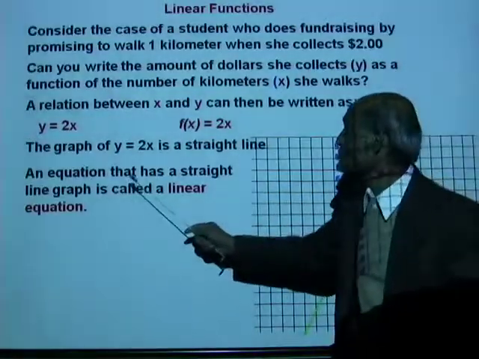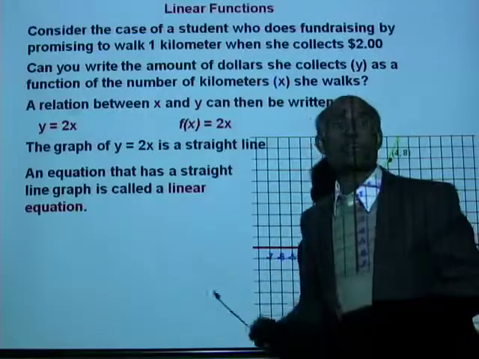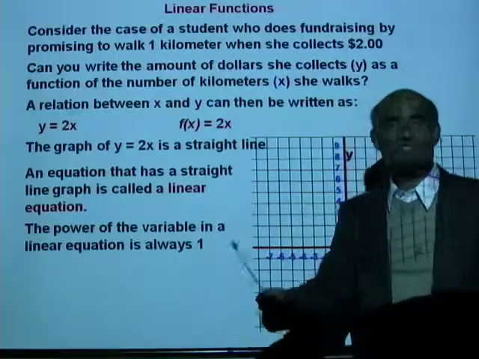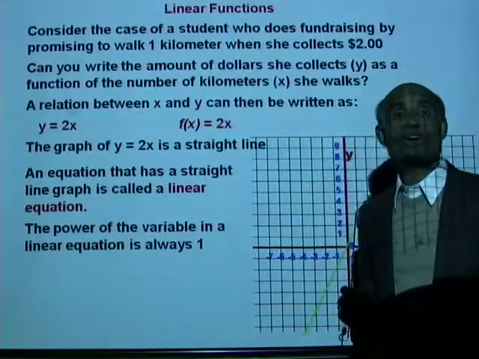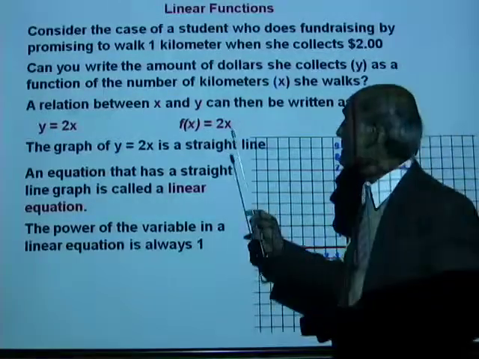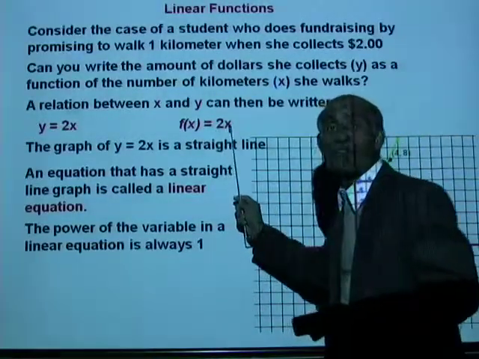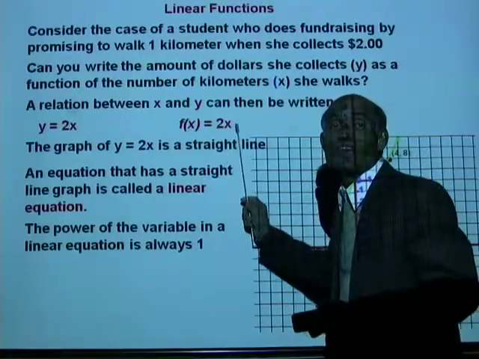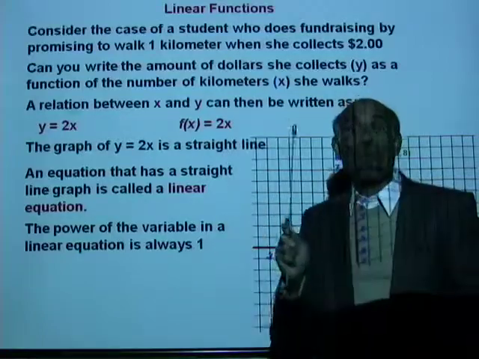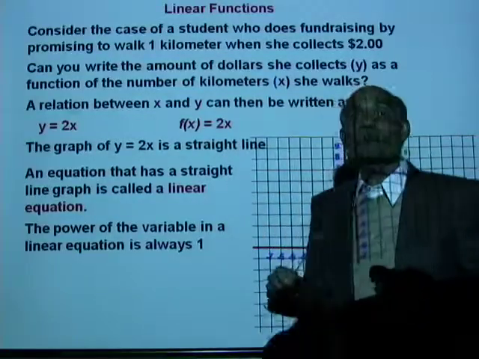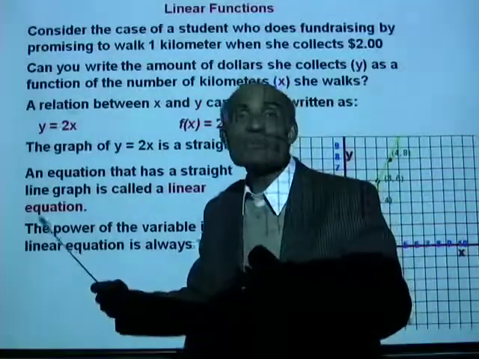Now an equation that has a straight line graph is called a linear equation, or such a function is called a linear function. Now if you look at a linear function, you will see that the power of the variable, the power of x, will always be 1. It will be a first degree equation.